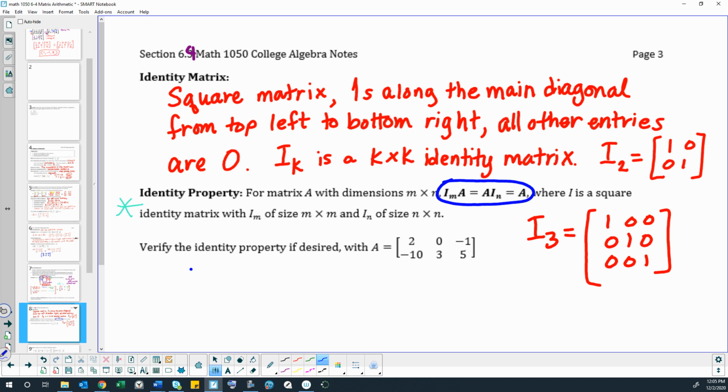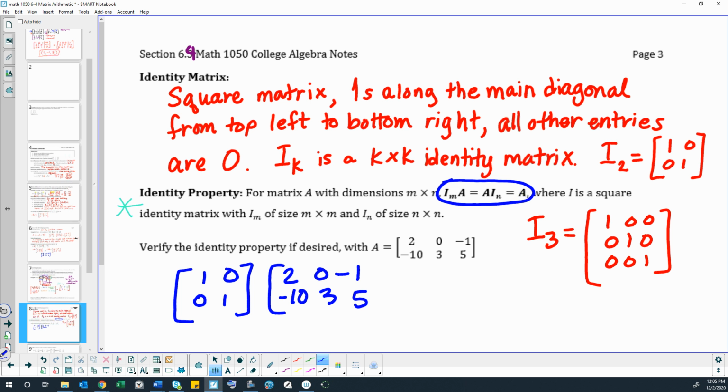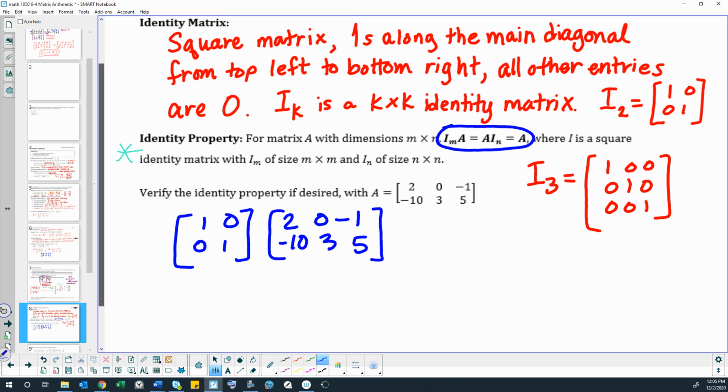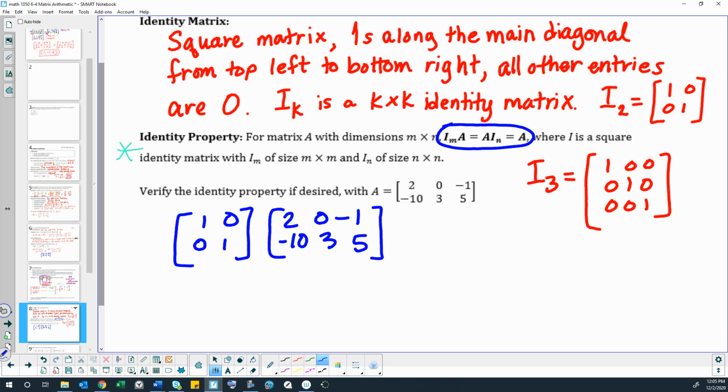So anyway, just for fun, let's go ahead and multiply 1, 0, 0, 1 times 2, 0, -1, -10, 3, 5. So even though the matrix I'm multiplying by is 2 by 3, I need these two numbers to match.